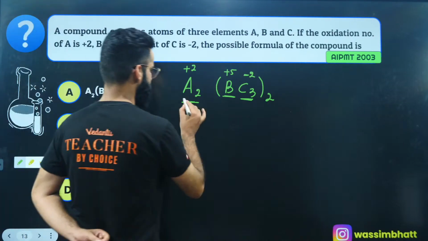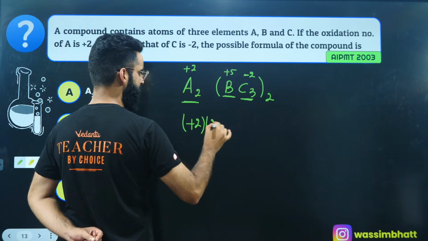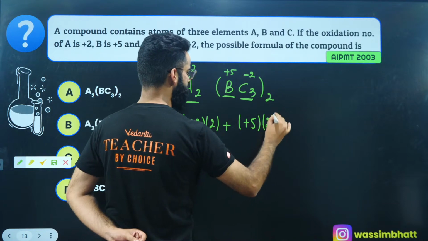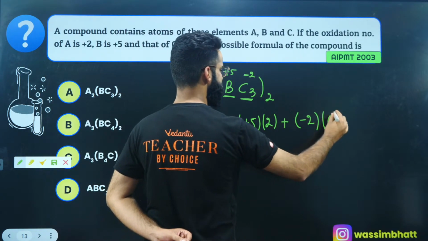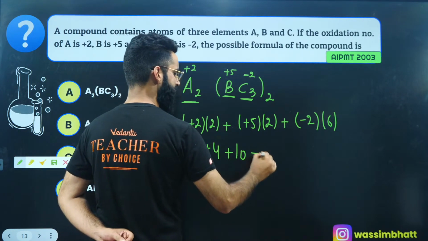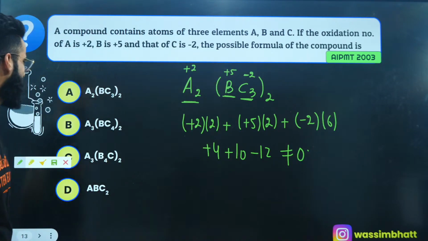A is showing plus 2 oxidation state and we have 2 A atoms, so I'm multiplying it with 2. B is showing plus 5 oxidation state and there are 2 B atoms. C is showing minus 2 oxidation state and there are 6 C atoms. Let's calculate it. It's plus 4, plus 10, minus 12. Is it coming out to be 0? No, it's not coming out to be 0. So A cannot be the answer.